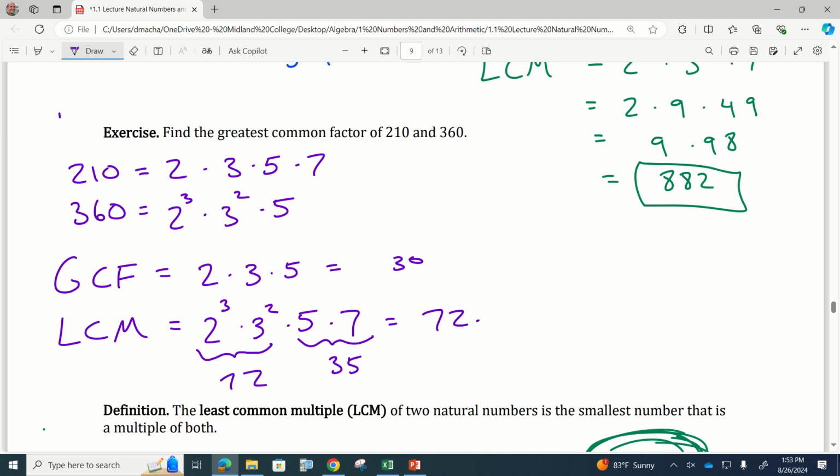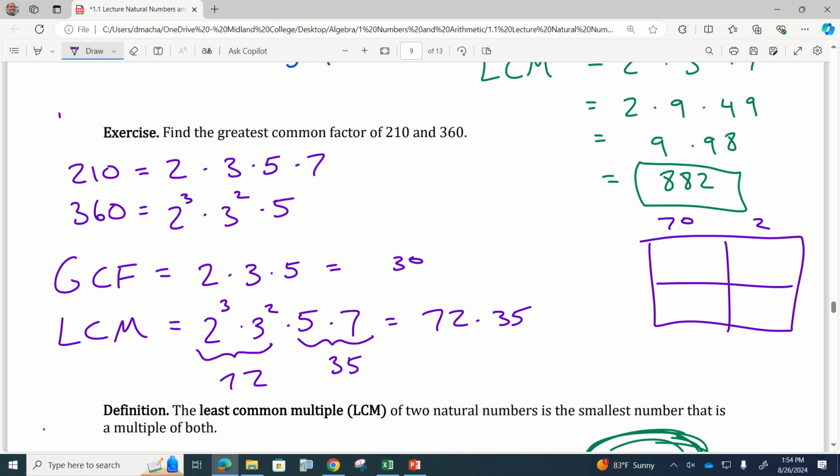We're talking about 72 times 35, right? So pretend you're finding the area of this rectangle. And this would be 2,450, 2,520.